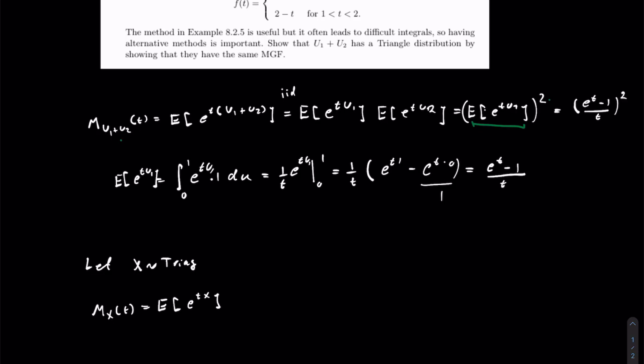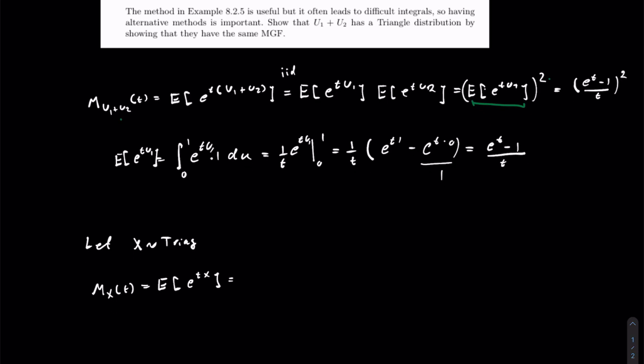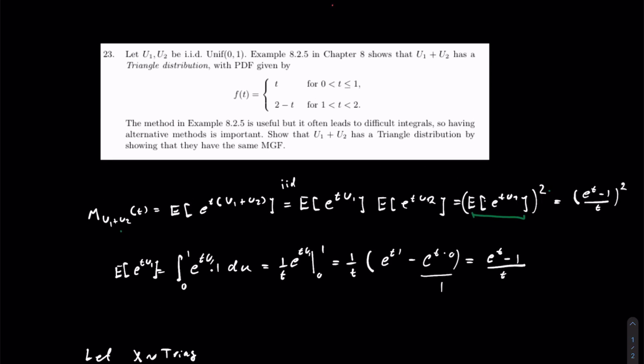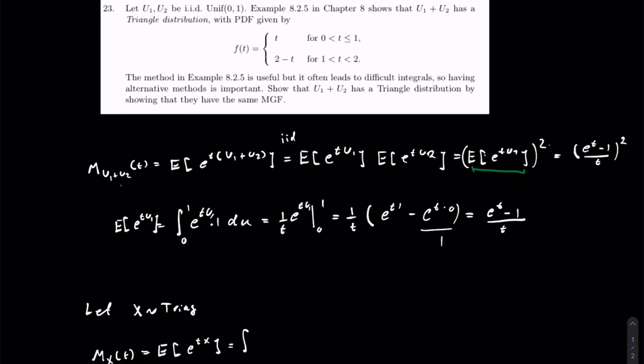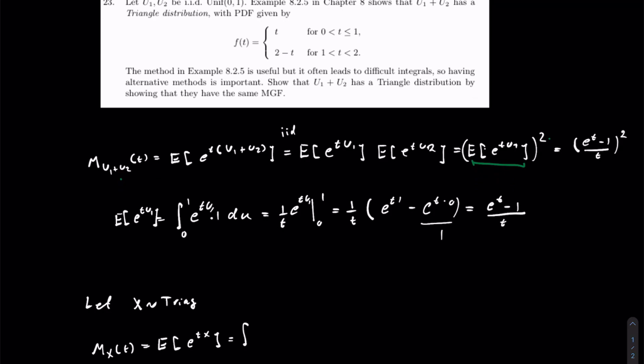By definition, its MGF will be E of e to the t X, and then it has an integral. It's continuous, and we see that this goes from 0 to 2, but there are actually two integrals with two PDFs depending on where we are. So we can start by writing 0 to 2 of e to the t x times f of x dx.